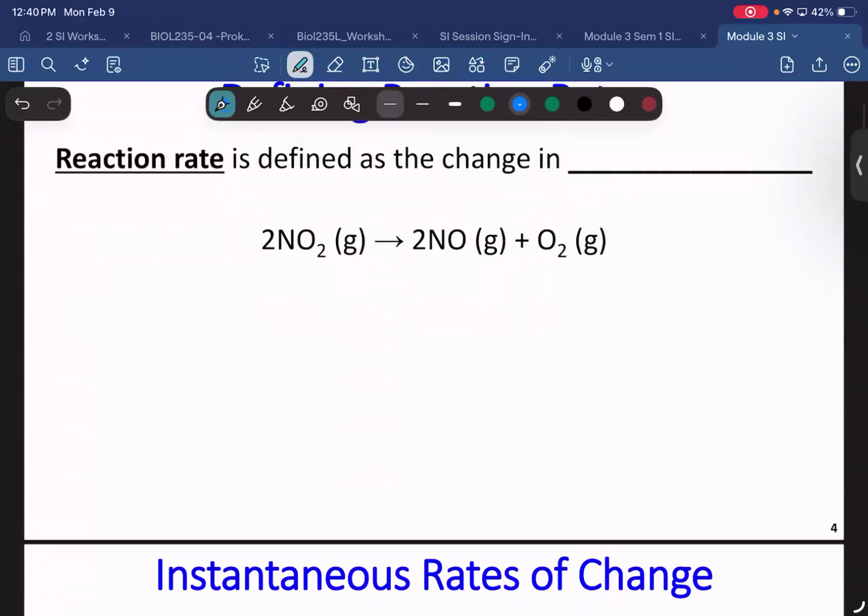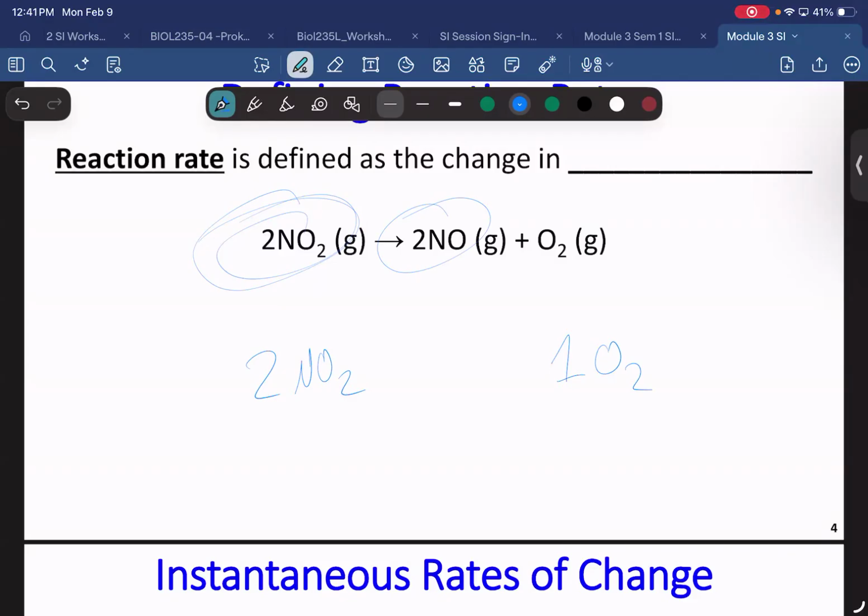The change in products and reactants: for every 2 moles of nitrogen dioxide, you form 2 moles of nitrogen monoxide. So the rate of disappearance of nitrogen dioxide is equal to the rate of appearance of nitrogen monoxide. Likewise, for every 2 NO2, 1 oxygen gas molecule is produced.